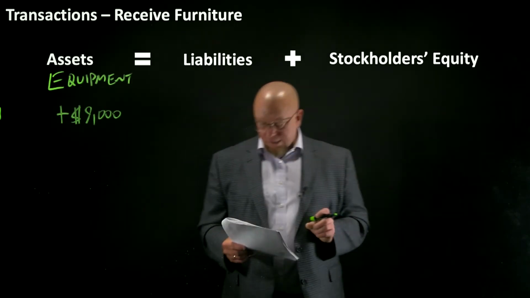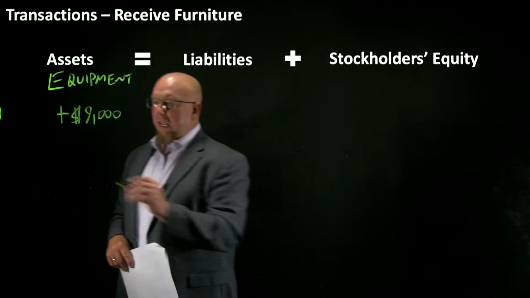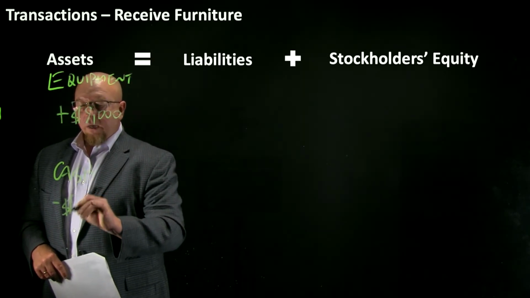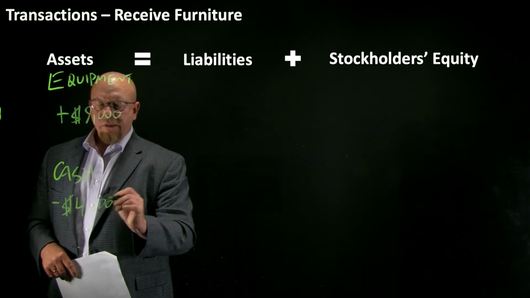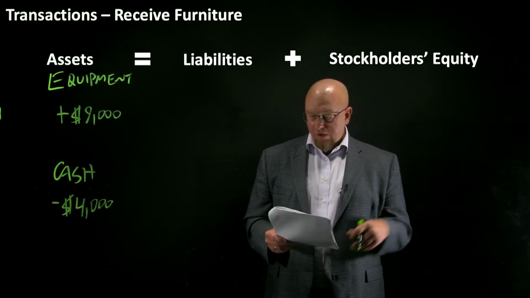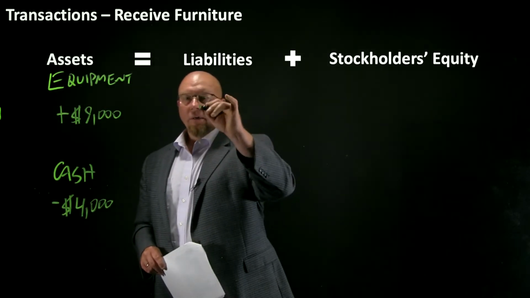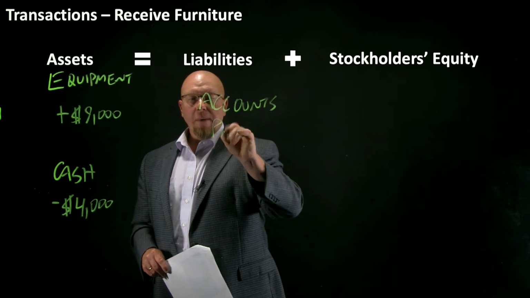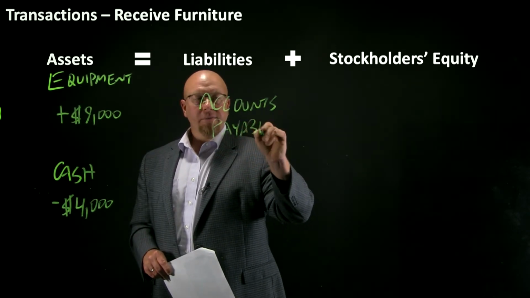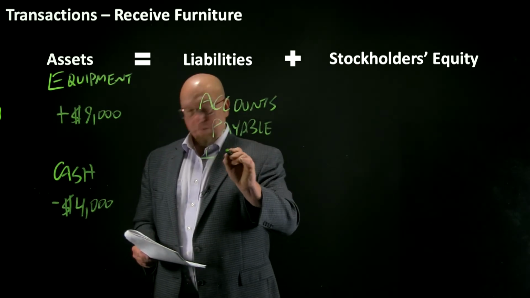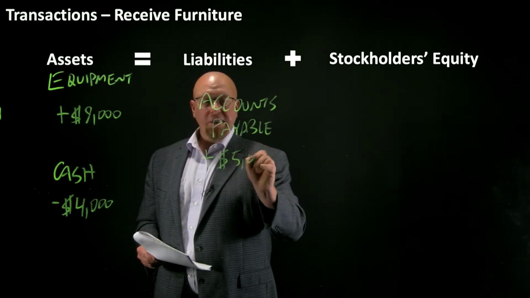Now let's say that in this case, we made a down payment on the equipment. In other words, we paid $4,000 to the vendor when they delivered the furniture, but then the vendor provided us with credit for the remaining balance. You remember how our accounts payable balance was zero, then it went up to $9,600 because of the espresso machine.